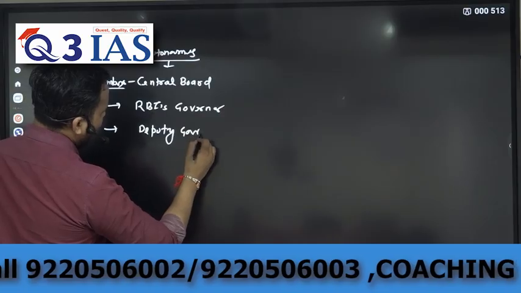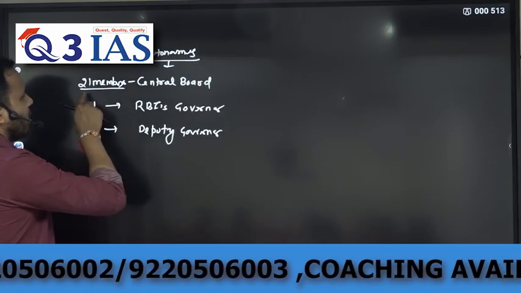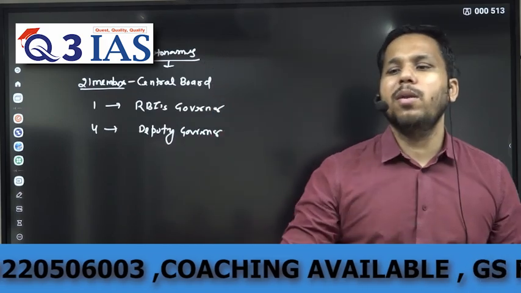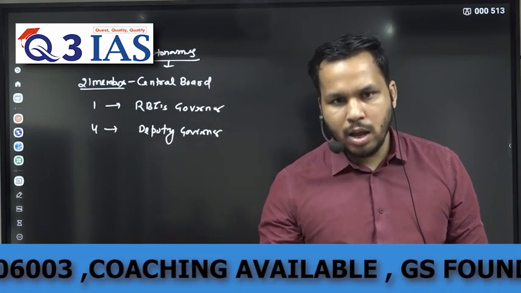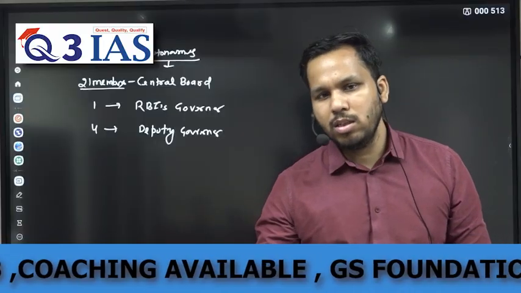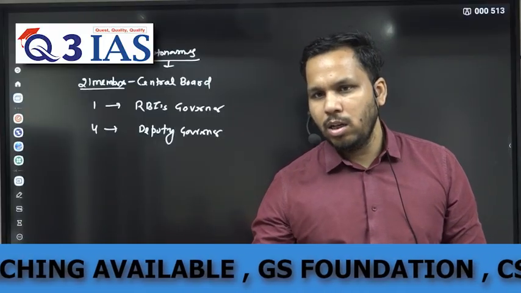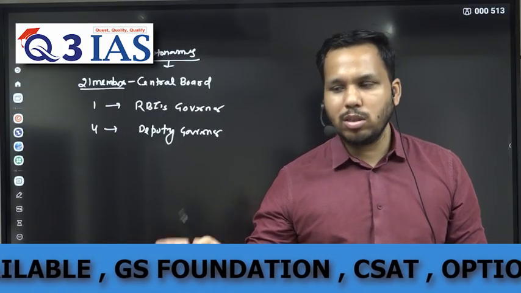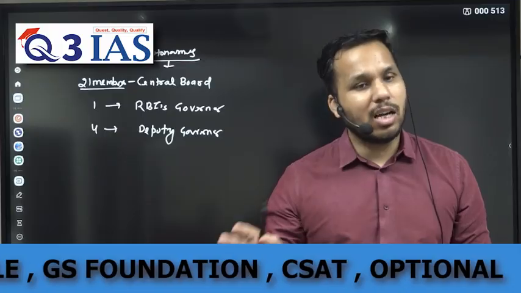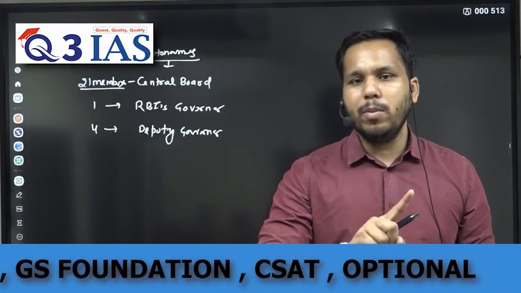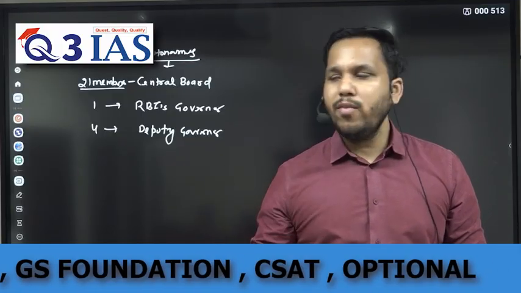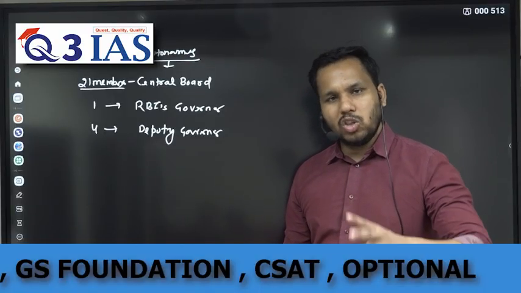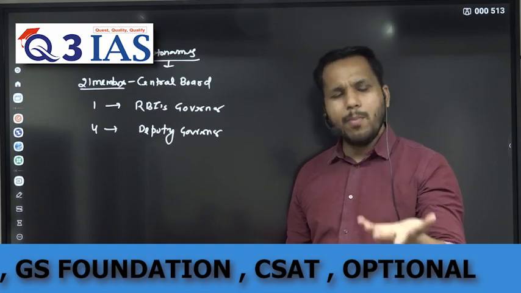Acha, if I am mentioning 21 members, it doesn't mean that every time there will be 21. It may be 19, it may be 16, it may be 18, but the maximum can be 21. So the central board of the RBI can consist of 21 members, not more than this. There are 4 deputy governors. It may be possible that currently 3 deputy governors will be there. It may be possible.